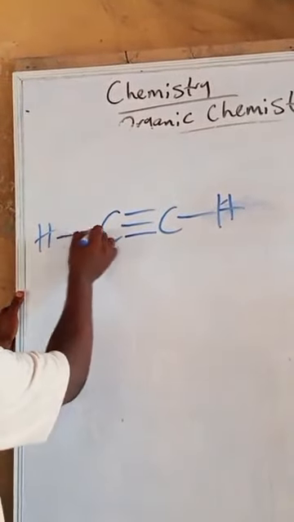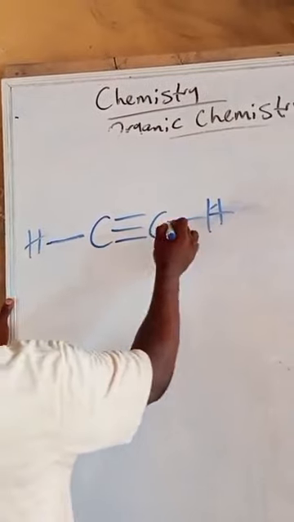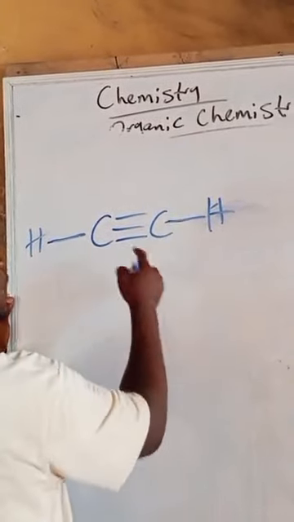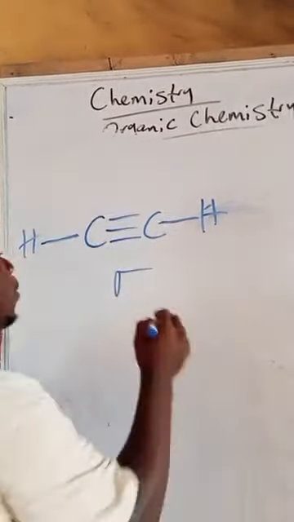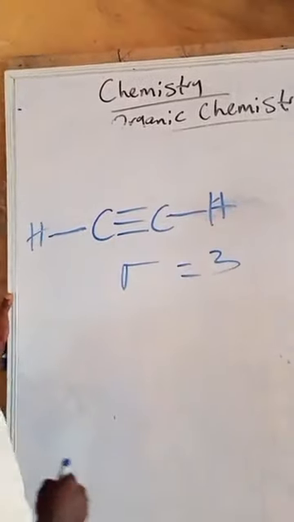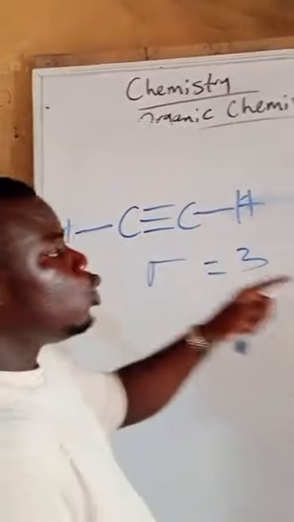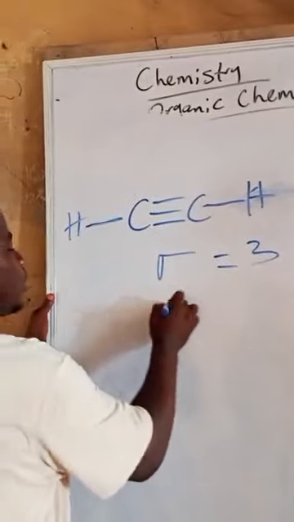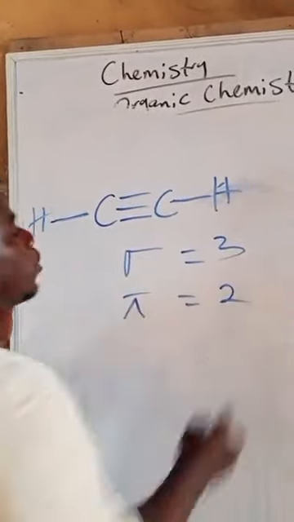Remember, this one is equivalent to a sigma bond, that is 1, then 2. And it has a follow-come sigma bond. So this compound contains 3 sigma bonds. What about pi bonds? 2 pi bonds. It contains 2 pi bonds.